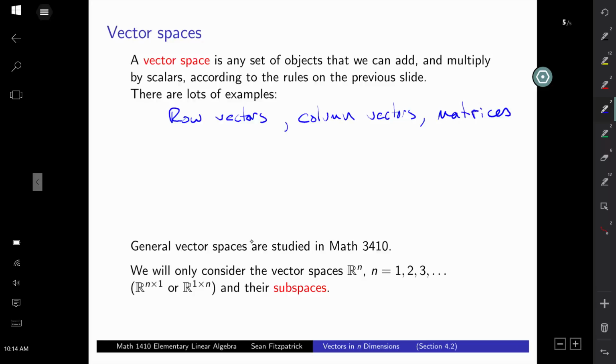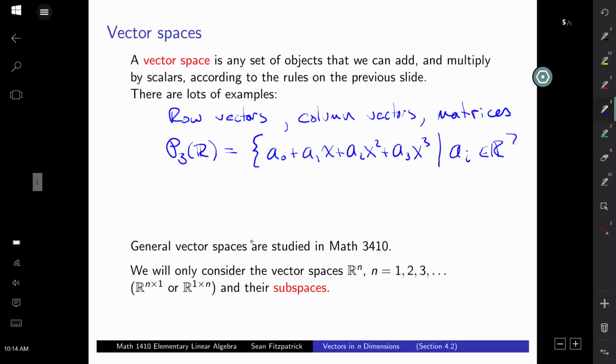You could do, say, we'll use this notation, P3 of R. The set of all polynomials of degree 3 or less, so things that look like a0 plus a1x plus a2x squared plus a3x cubed, where all of these a's are real numbers. That also works as an example of a vector space. You can play around with that and see that it works.